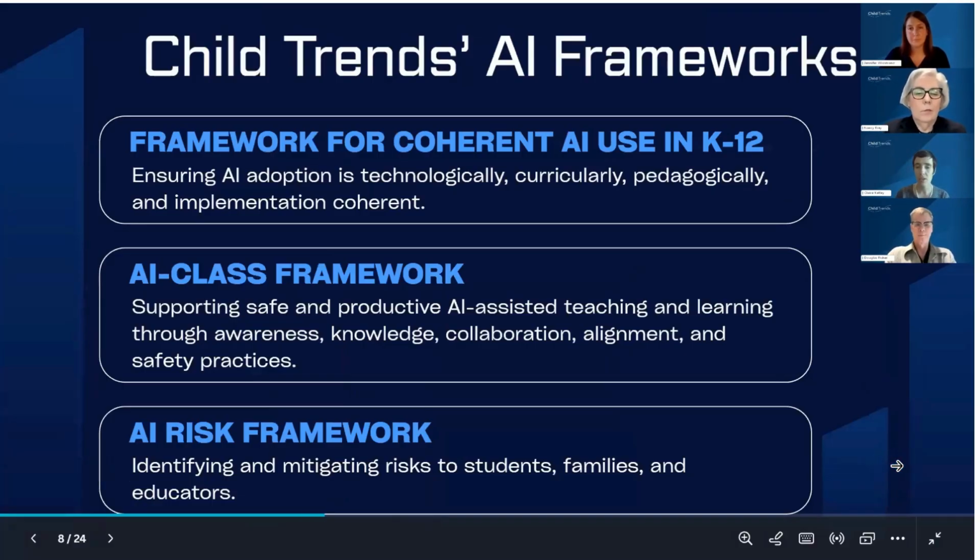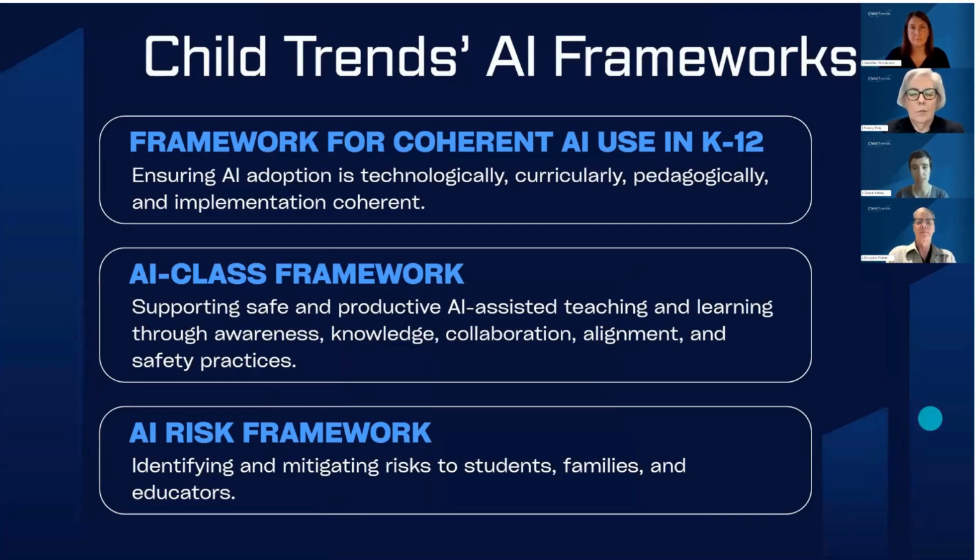There are a couple of frameworks that we wanted to talk about today, moving from idea to implementation. We first often think about our framework for coherent AI use, which is focused on how AI implementations can be coherent on a technological, curricular, pedagogical, and implementation level. And then once you've established what you should be doing, the AI class framework helps guide how you should be doing that.